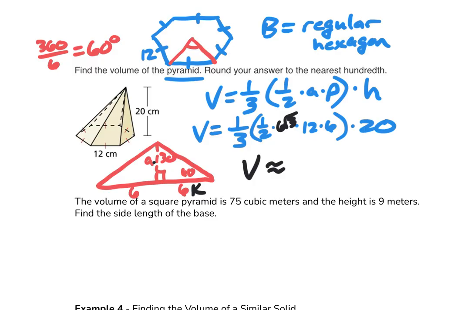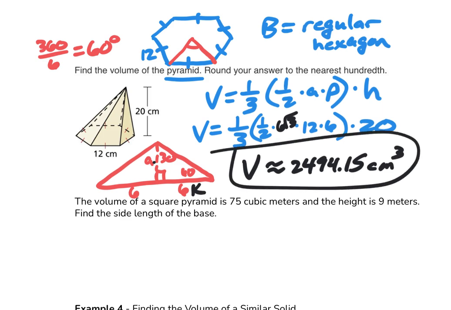Okay? Anybody got it? Colton, what'd you get? 2,494.15. Okay.